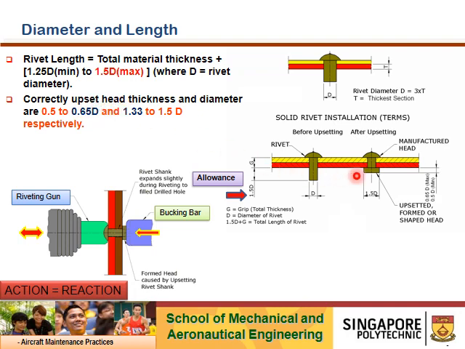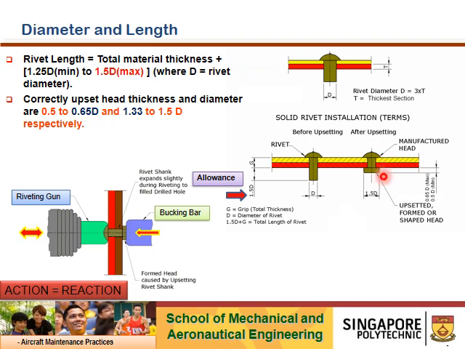When you have correctly upset the head, this is the manufacturing head, which is done by the manufacturer of the rivets. The below part is done by us, sometimes known as the shop head or upset form head. There are various terms for it, but this is done by us.